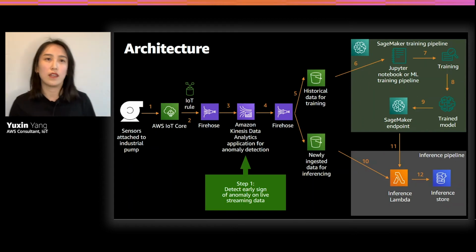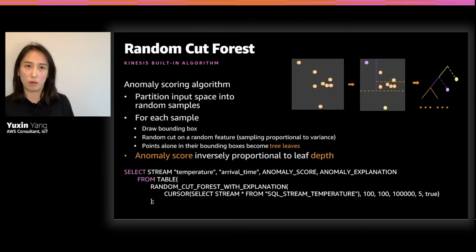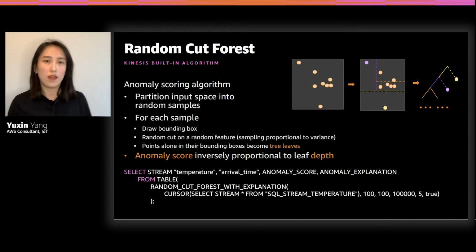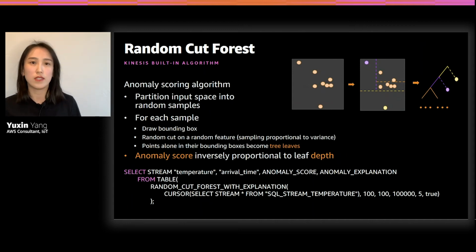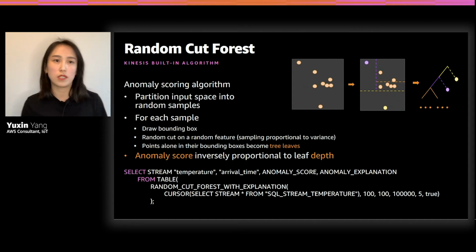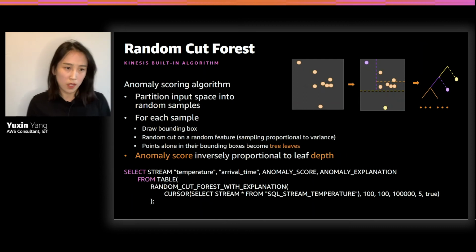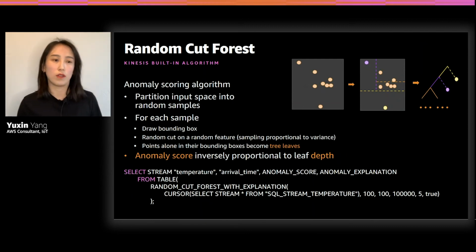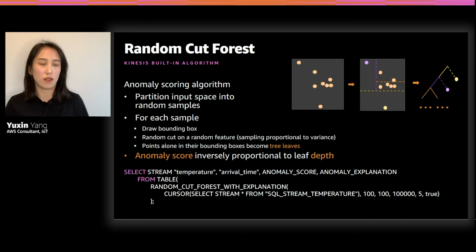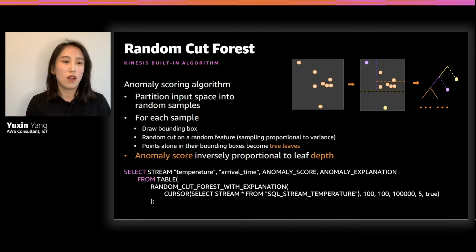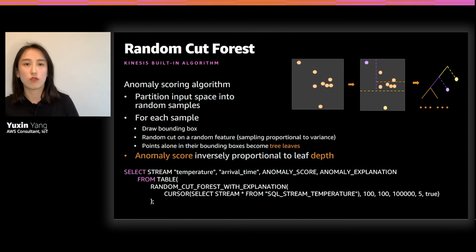Now, within Kinesis, there's this built-in algorithm called random cut forest. This algorithm is a very practical algorithm for you to compute your anomaly score on every single observation that comes to you in your data stream. In order for this algorithm to work, you first partition the input space into random samples. For each random sample, you randomly cut through any random feature. Points alone would become tree leaves.